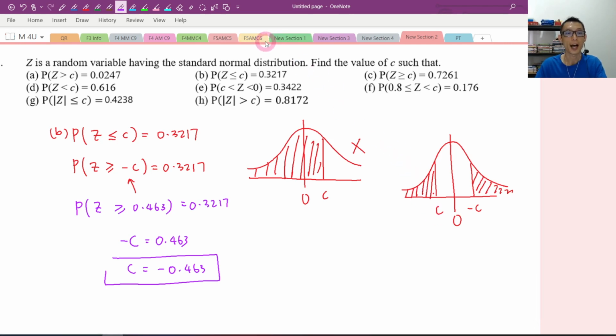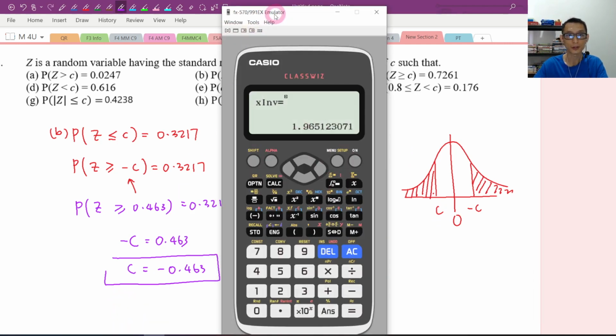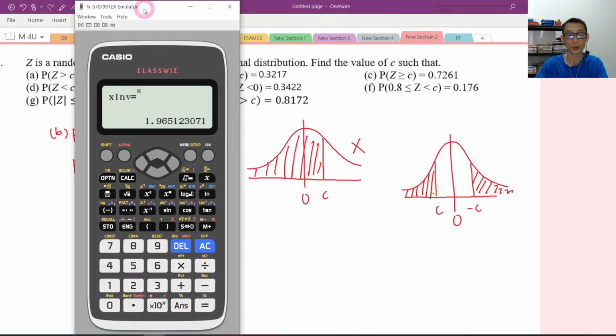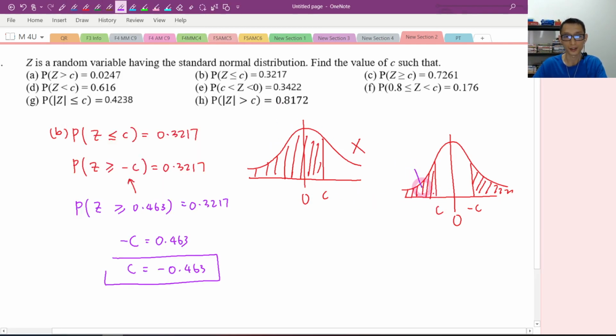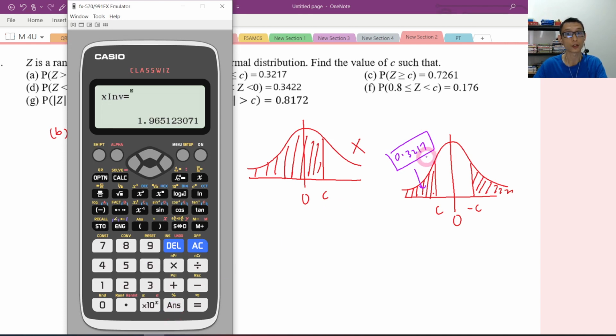Okay, so how do we use our calculator to check the answer? Remember, to use a calculator, you need to find the area which is less than that value. So the c is over here, right? And the area here is 0.3217. Now what do we need to do? Just key in this one because this is less than c.